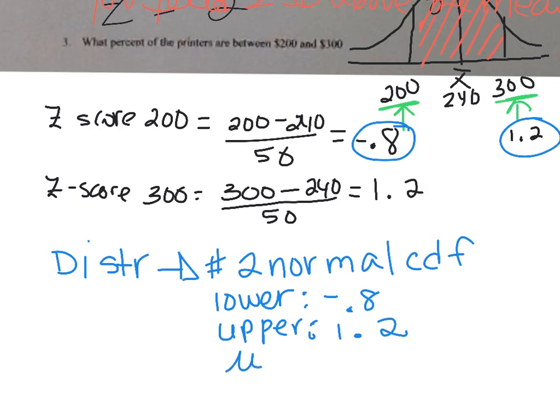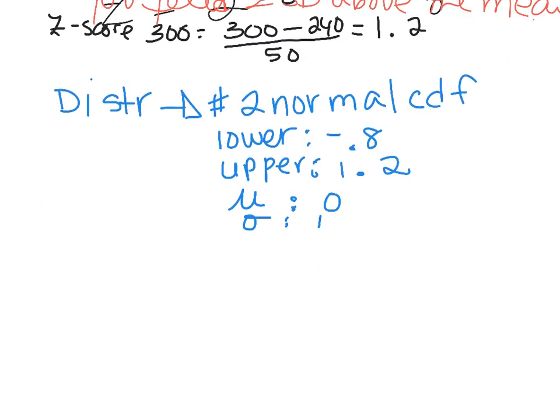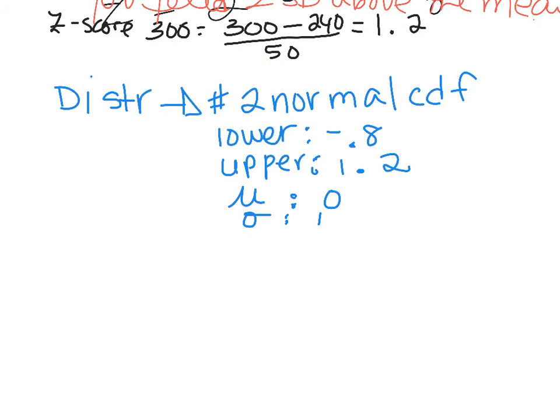Now, the mean, since we're using z-scores, you're just going to leave at 0, because the mean in standard deviations is at 0. And your sigma, that's your standard deviation, is 1. So we're labeling that it's going by 1s. And then you're going to press paste, so just hit enter.